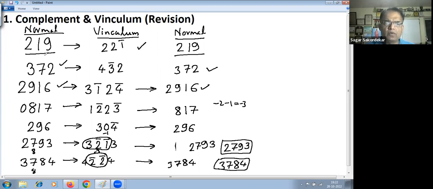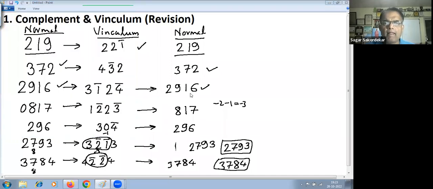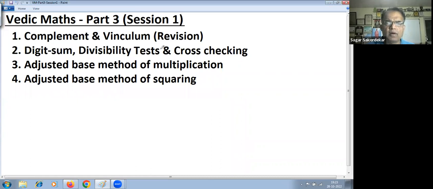See, this is how you can practice: take any number, convert to vinculum, take that number and convert back. As long as you are getting back the same number, your calculation of vinculum number is correct. Okay, so that was just a revision of complement and vinculum.